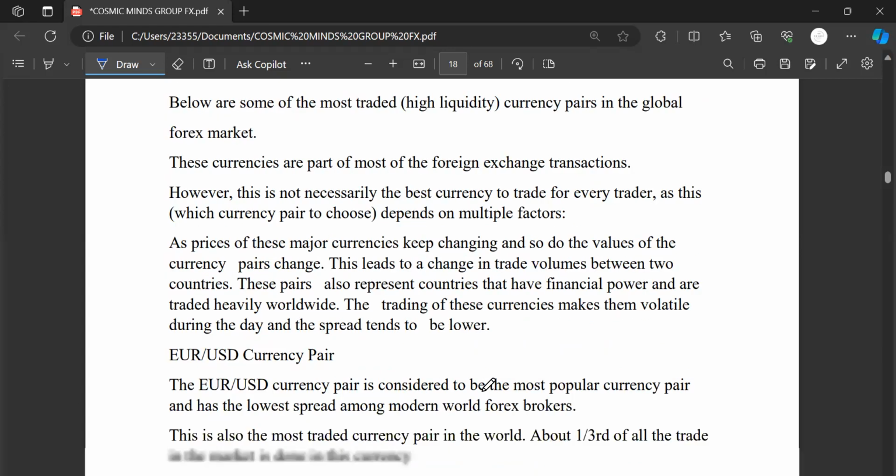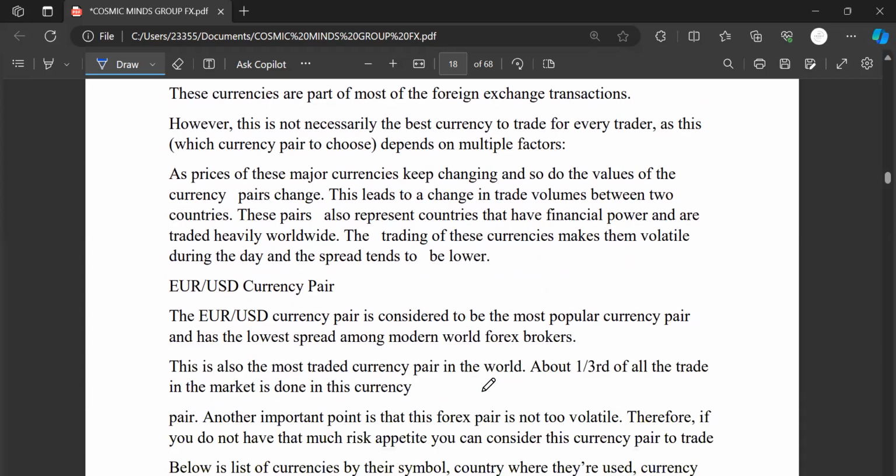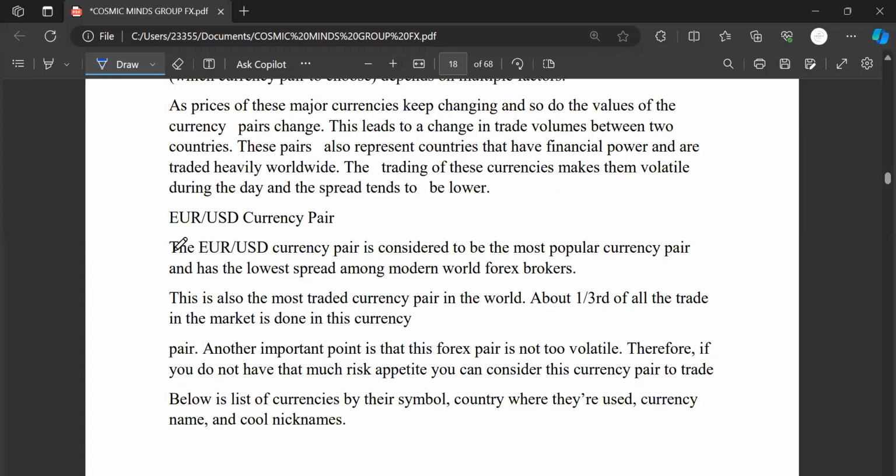The USD currency pair is considered to be the most popular currency pair and has the lowest spread among modern world forex brokers. So that is one eye-opening thing that you need to know.